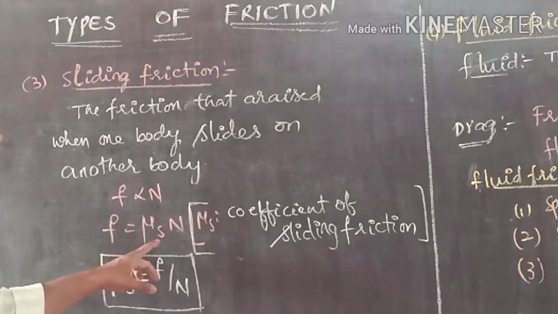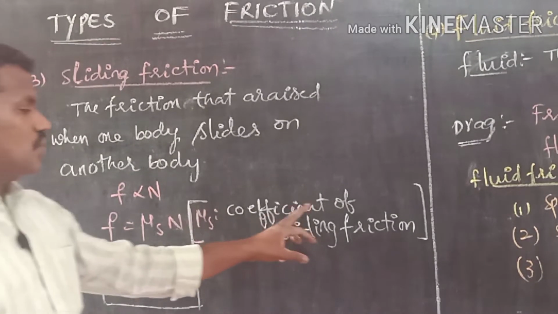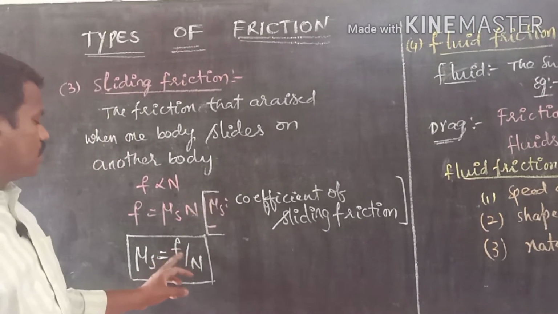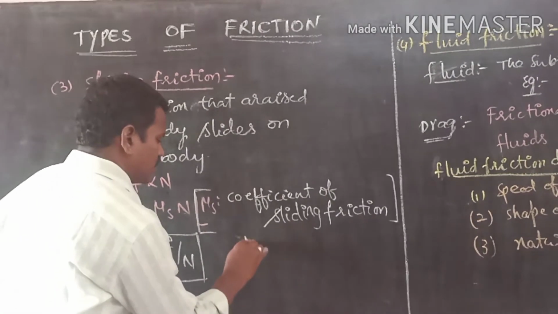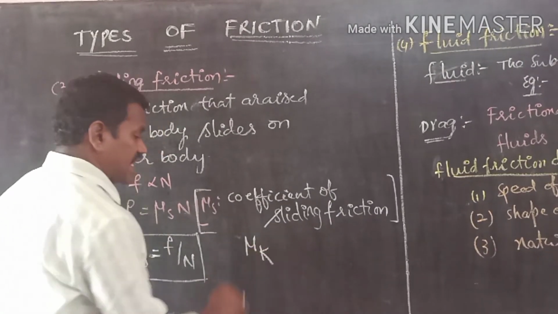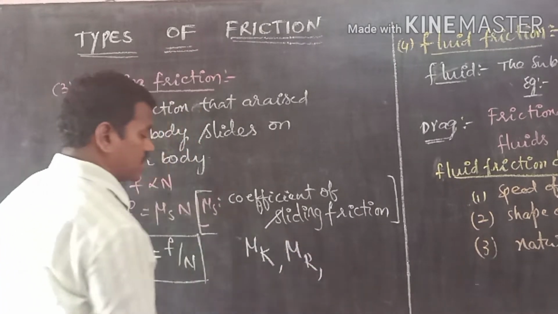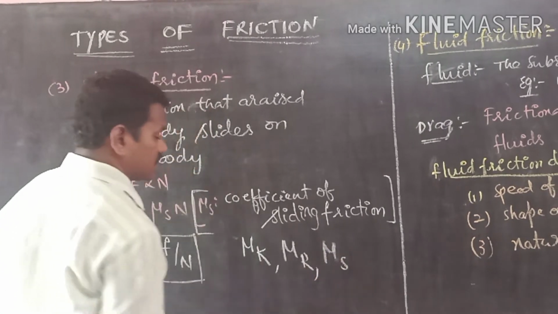F is equal to mu S into N. What is mu S? Coefficient of sliding friction. Now mu S is equal to F by N. We have the coefficient of static friction mu k, the coefficient of rolling friction mu R, and the coefficient of sliding friction mu S.